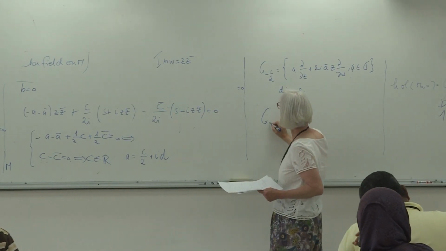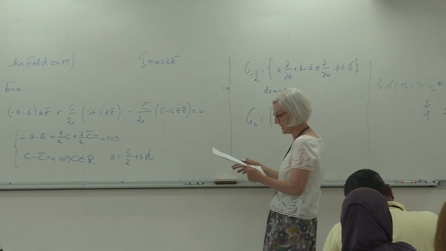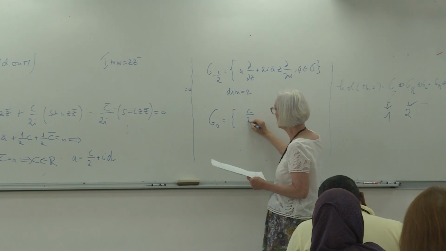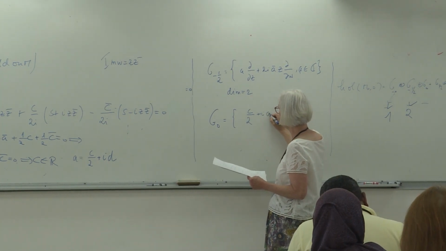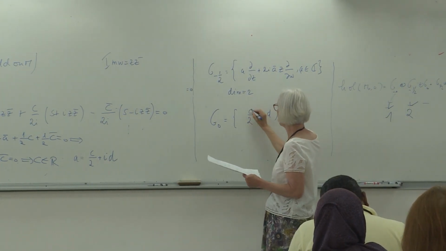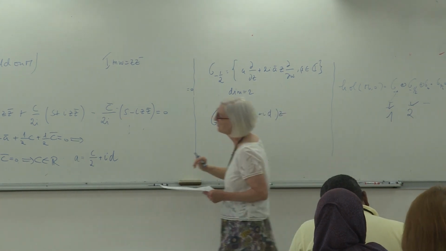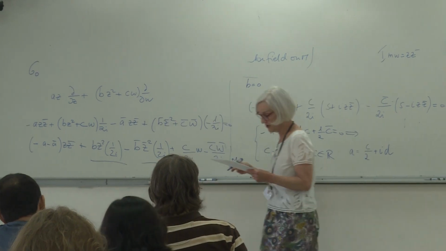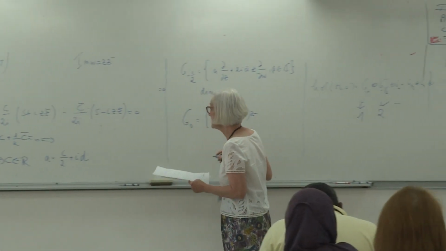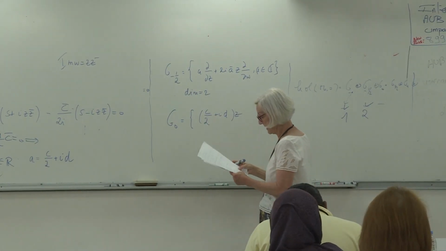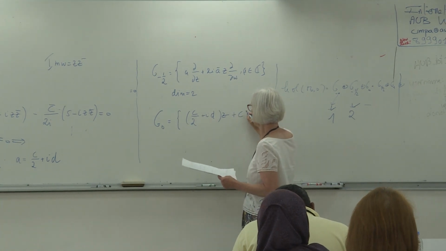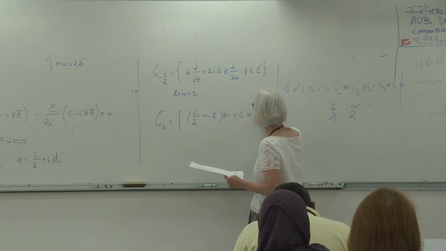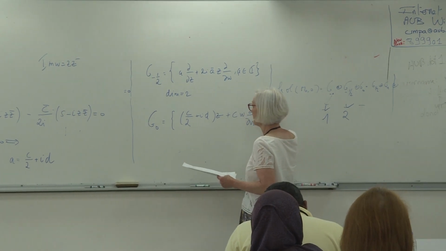G0 is given by what? If I replace, X is of the form (C over 2 plus iD) times Z. This is my A, remember. I start with that. For B, there is no contribution of Z square, and it's going to be plus C W ∂/∂W, right?